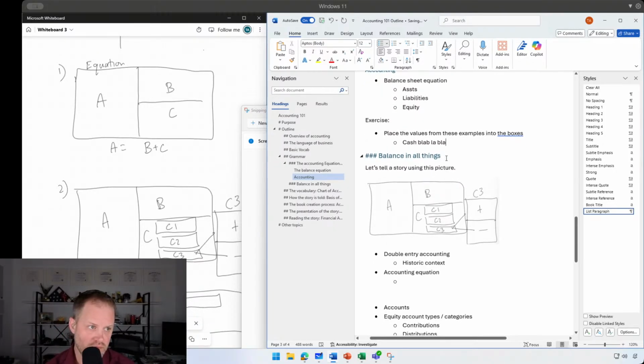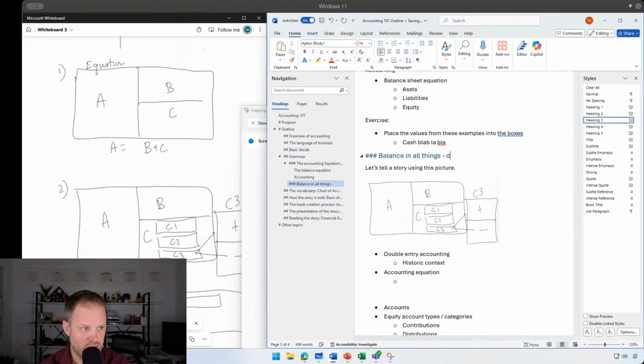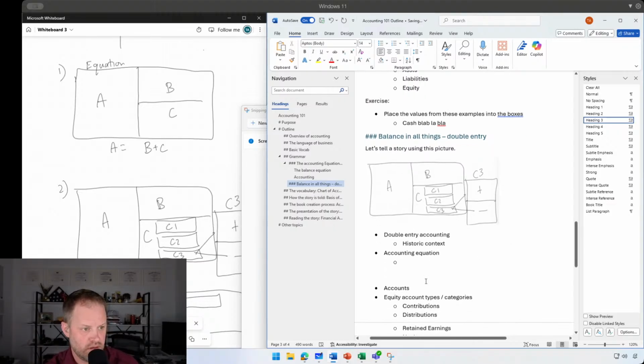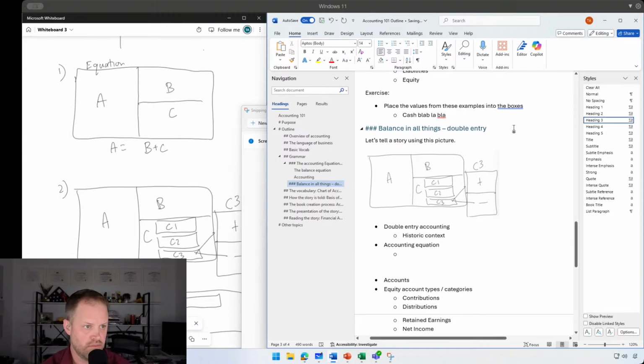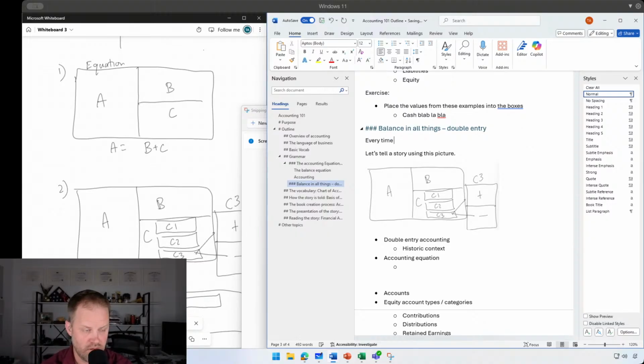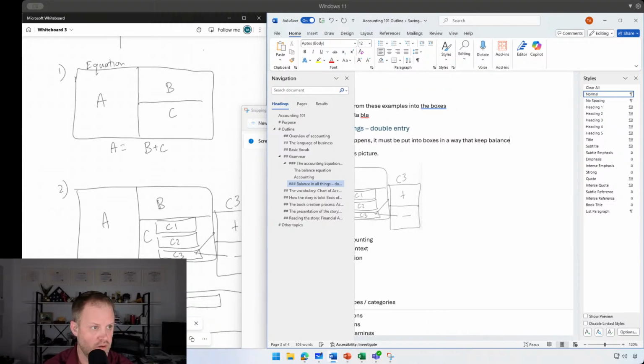Then let's get into double entry. So every time something happens, it must be put into boxes in a way that keeps balance.